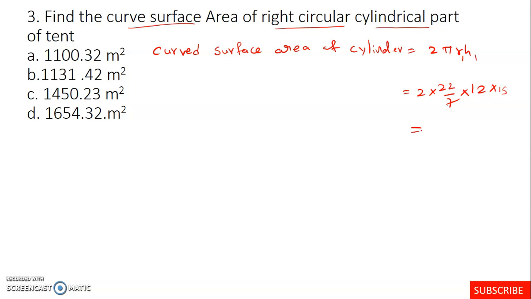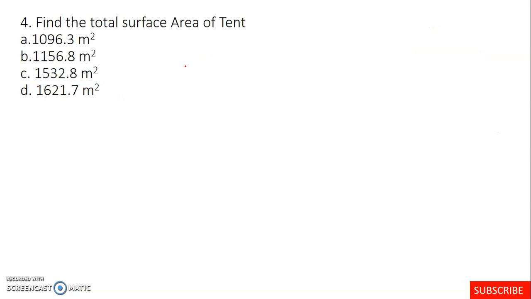By doing calculation, you will get 1131.42 meters square. Yes, option B is correct. Curved surface area of the right circular cylinder is option B, 1131.42 meters square.